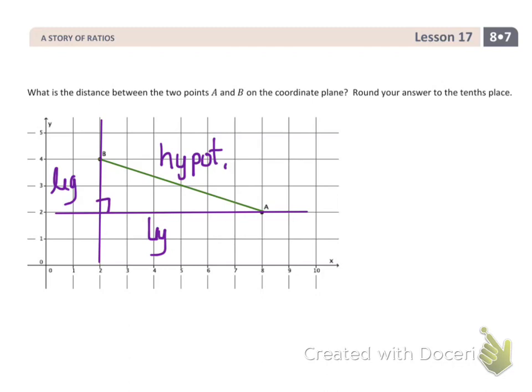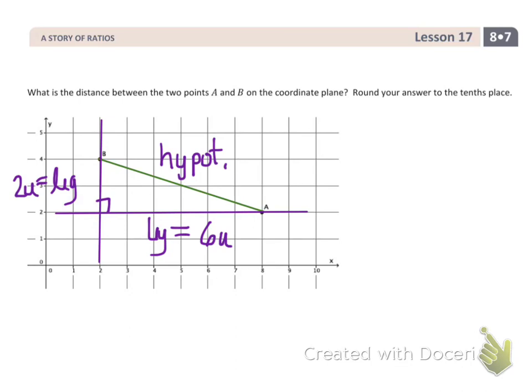Okay, so now this problem of finding the distance between 2 points on a coordinate grid is a Pythagorean theorem problem. So now that I've determined the leg lengths, let's write it up here, 6 units, and this one is equal to 2 units.